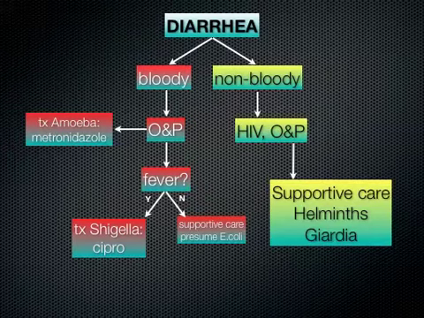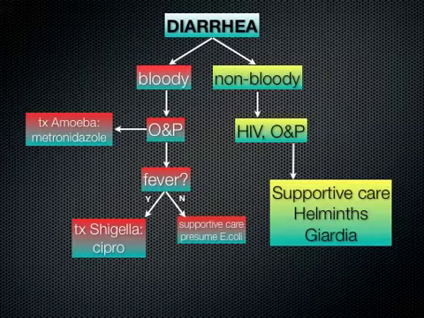Then, if it's non-bloody diarrhea, you always need to think about HIV, and you're also going to get an O&P if you can, but these are the people you don't generally care about as much. You're going to focus on hydration status in these folks, which is really the most important thing, and you're going to try oral solution versus IV fluids. The exception, of course, is cholera, where you need to take a different approach, but that is epidemic and rare and not something you usually need to know about.